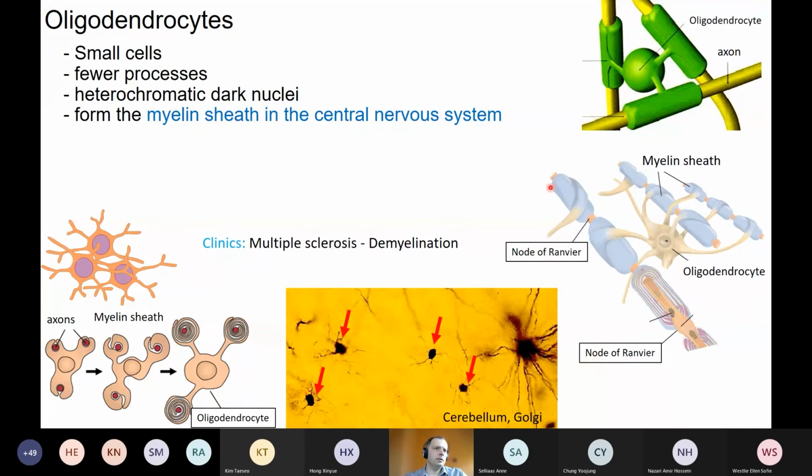The most important difference, if you compare it with the Schwann cell, is that they have a process that approaches a certain axon. It wraps around it, but at the same time, the same cell may send multiple processes to other axons. So one cell may have many processes, each may contribute to the myelination of multiple axons.